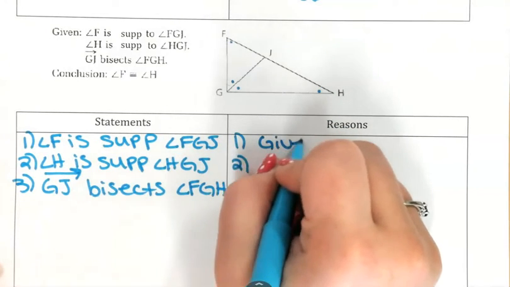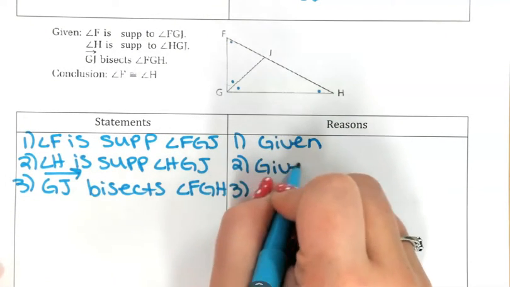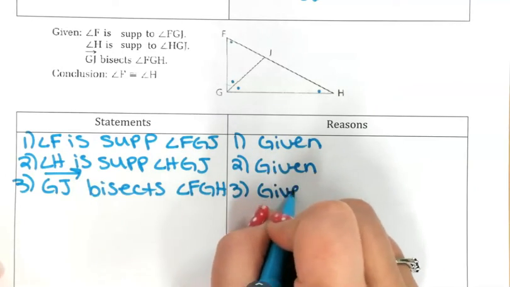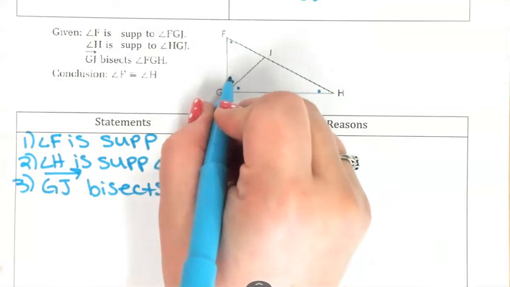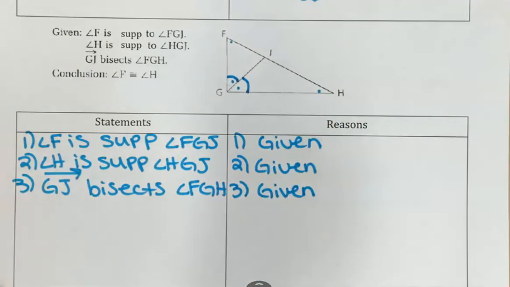So my first two givens, I can't draw any conclusions after that, but my last one, that GJ bisects angle FGH, well, what that means is it's dividing it into two congruent angles.